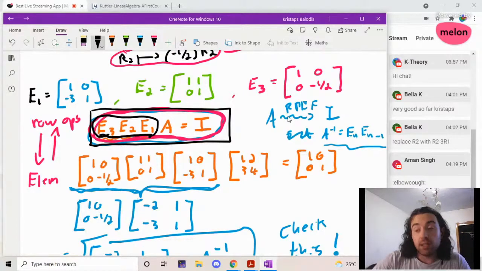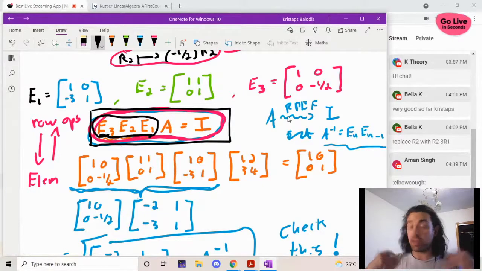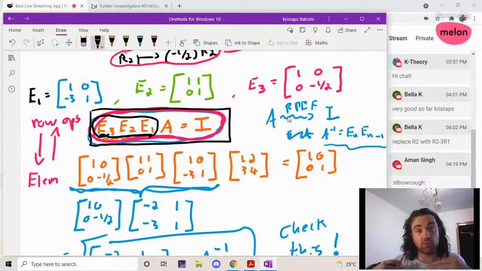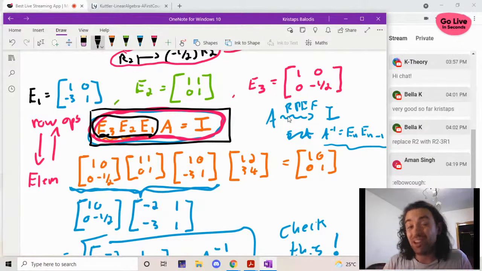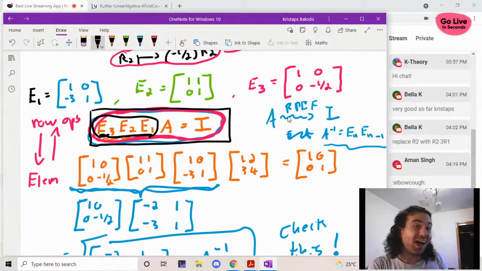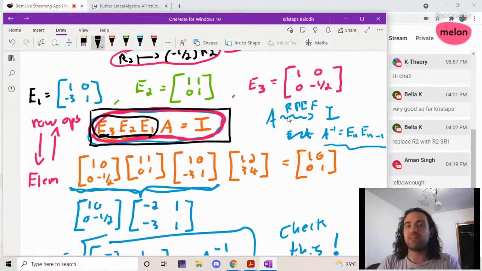So if we can't find row operations that turn our matrix into the identity when it's in reduced row echelon form, then that means we also can't find matrices to multiply it by on the left that give us the identity matrix, which is basically what it means to not be invertible.